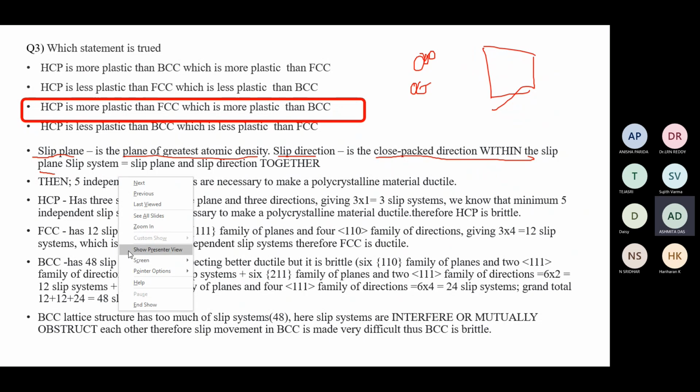Now, if I move to the screen here, suppose this is a hexagonal close-packed system.